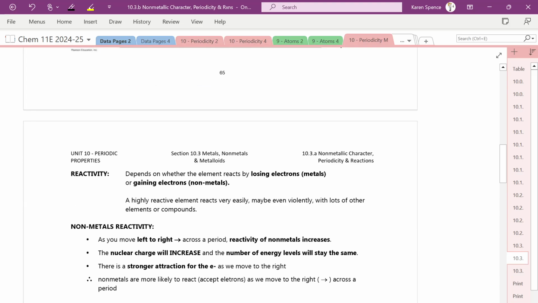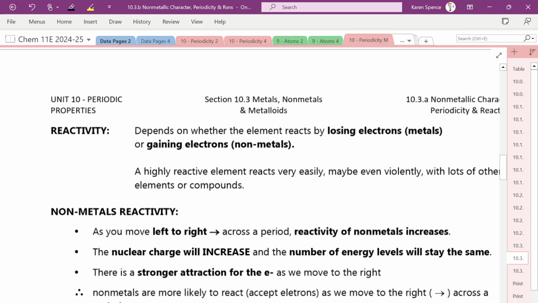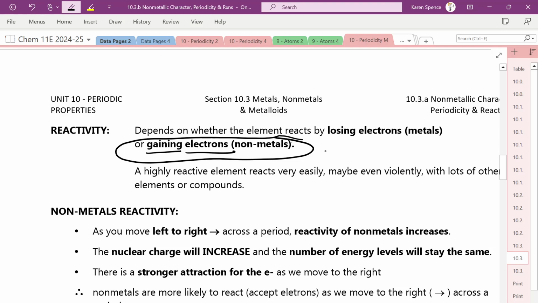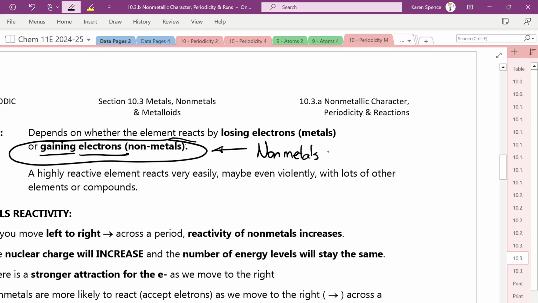How do nonmetals react? Nonmetals tend to gain electrons. So nonmetals react by gaining electrons.